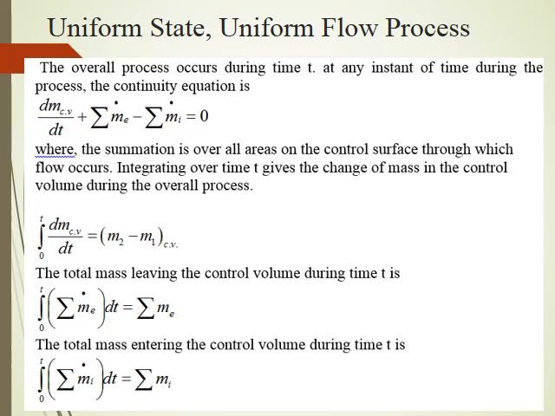Similar is the case with the total mass entering the control volume during time t. We integrate the summation of mass flow rates entering the control volume, and after integrating you obtain the summation of all the incoming masses, m_i.